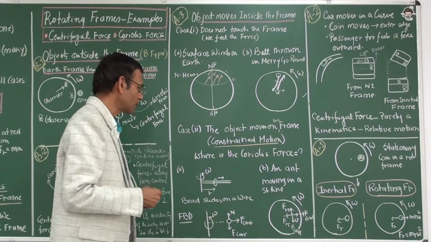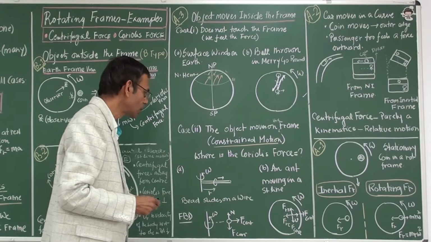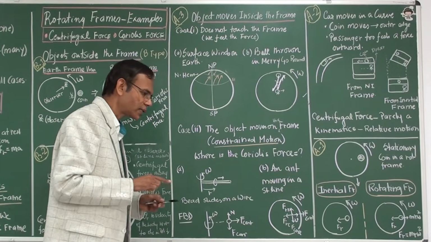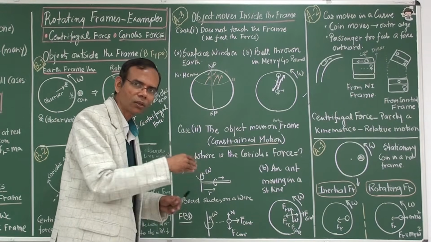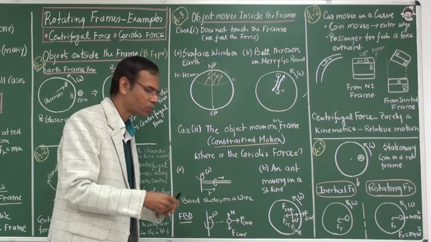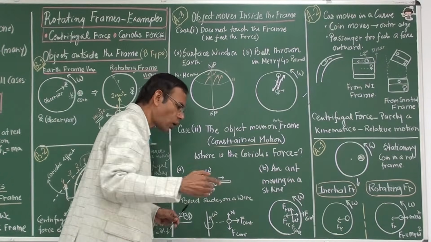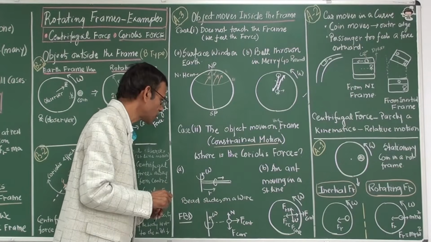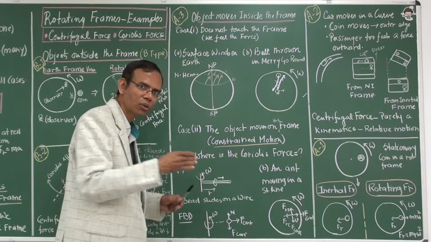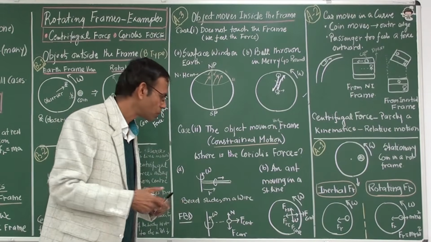Now an observer in this rotating frame will see that the bead is going outward, but he will not see any deflection on the other side, perpendicular to it. In the direction perpendicular to the radial direction r, that is the tangential direction, he will not see any motion.